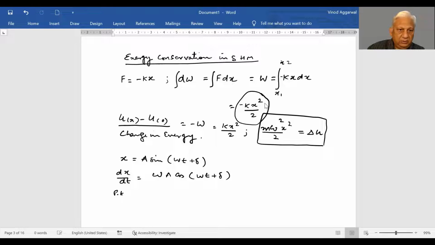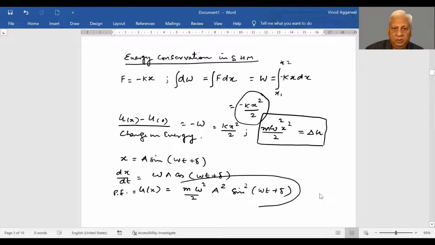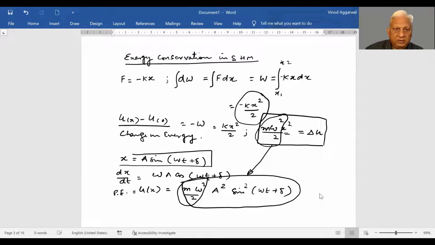So potential energy U(x) equals this, which directly comes from this formula, wherein this term is this term, and this is our x. So taking the square, it becomes this.